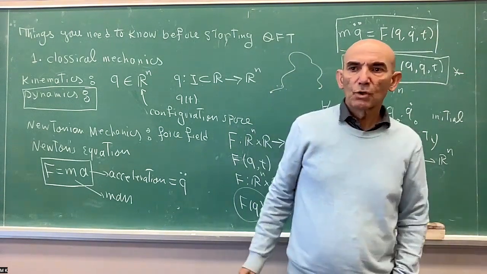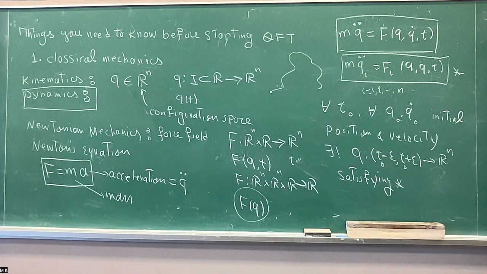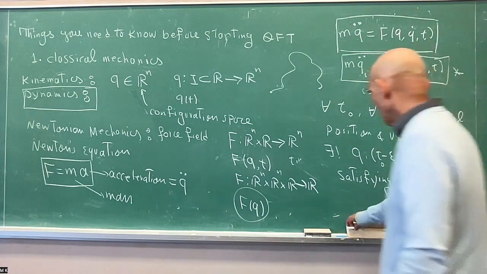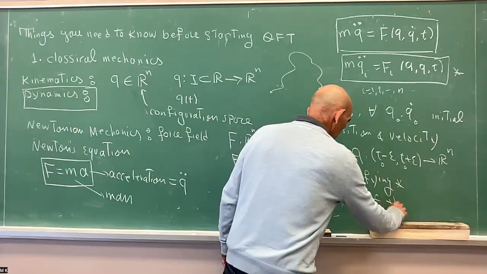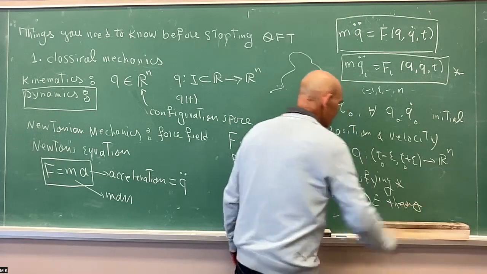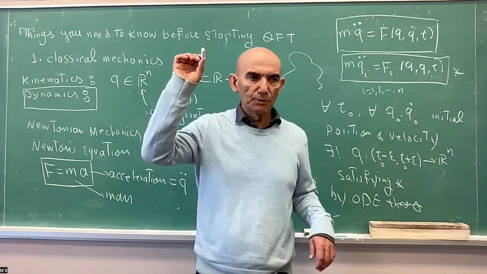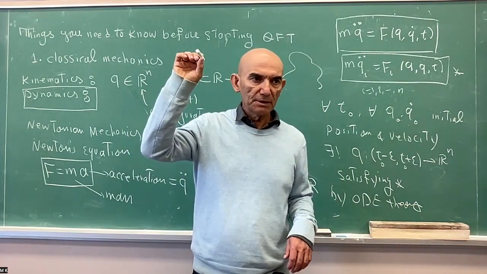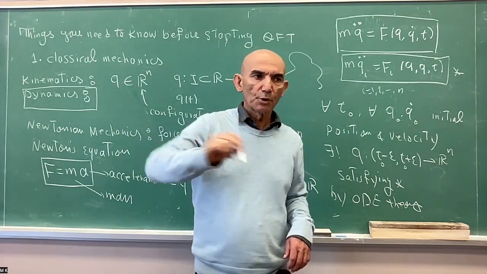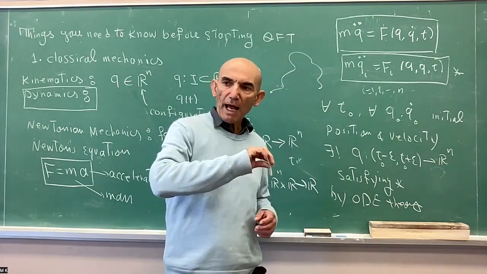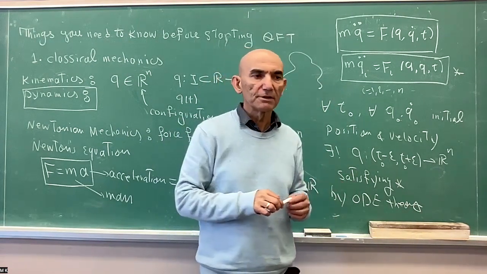Of course, this needs a proof, and the proof is one of the fundamental theorems of ordinary differential equations theory. So if I know the initial position and initial velocity at some moment of time, then I know the particle's path in the immediate past and future, the vicinity before t0 and after t0.